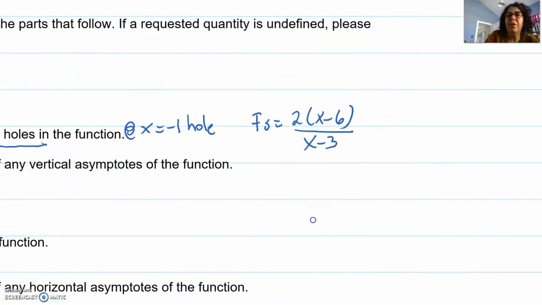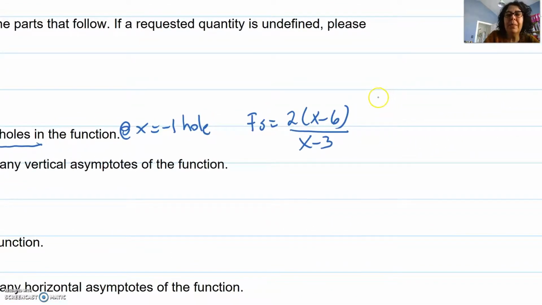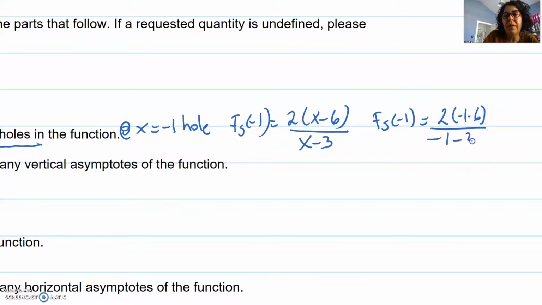In that simplified version, I'm going to plug in -1 so I can figure out the y value of the hole. 2 times -1 minus 6, all over -1 minus 3. So the simplified version at -1 will be -14 over -4, right?